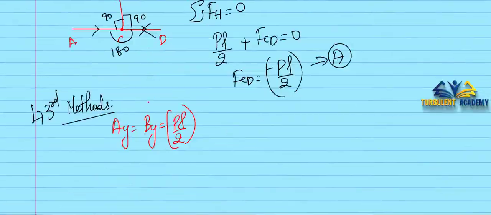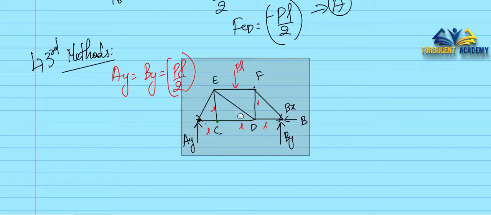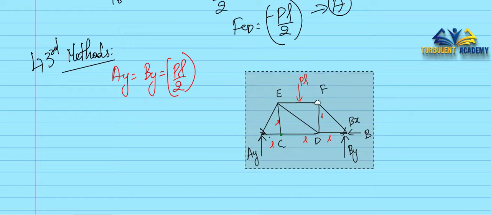Now it's very important for us to draw the free body diagram, so I'll draw it here. Now we should look for a place or a juncture where we can cut three forces. We can cut EF, ED and CD.